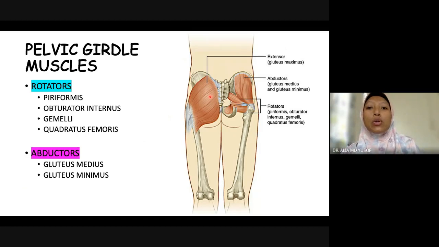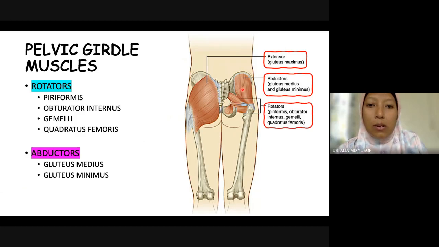Now, we want to look at the rotators. There are five muscles that form rotation of the hip joint. They are the piriformis muscle, the superior gemellus muscle, the obturator internus muscle, the inferior gemellus muscle, as well as the quadratus femoris muscle.